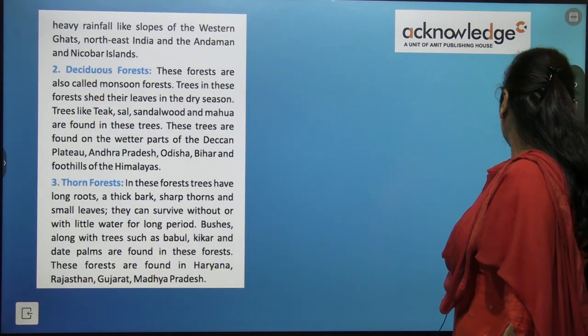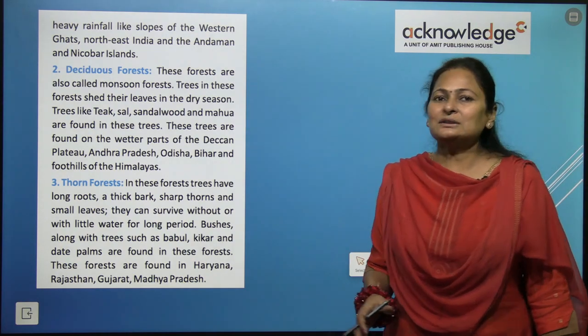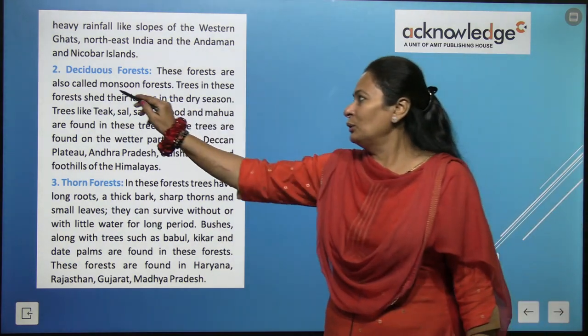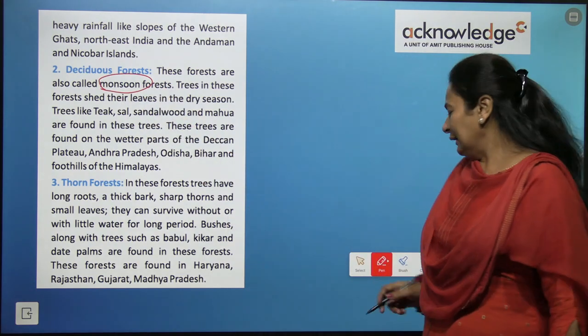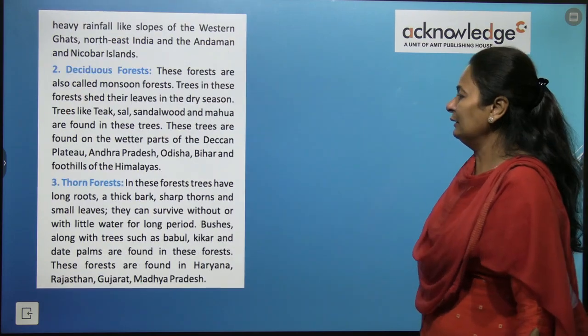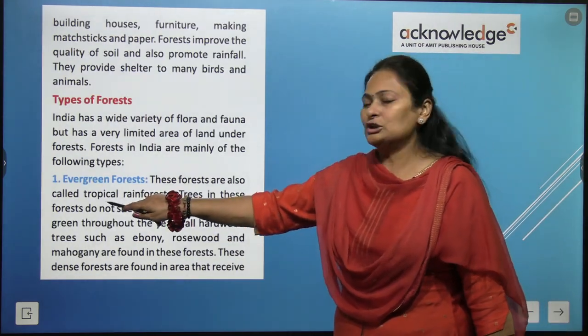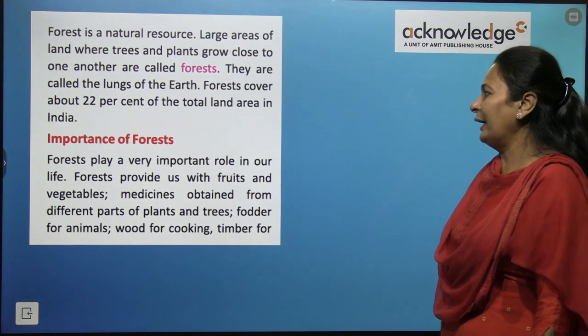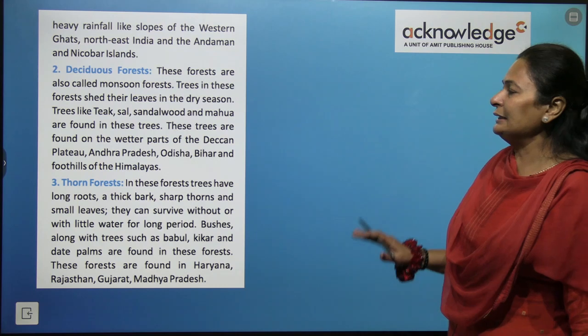Have you understood? Good. So let's move to the next one. Next is deciduous forest. These forests are also called monsoon forests. Like in the last one, we learned that evergreen forests are also called tropical forests, right? So the next is deciduous forest.